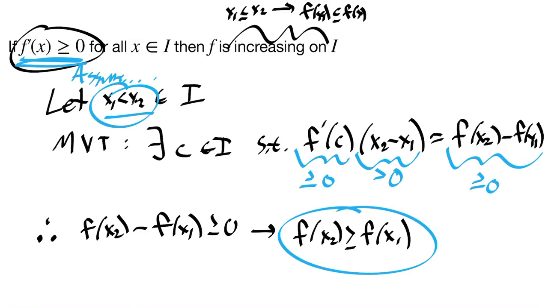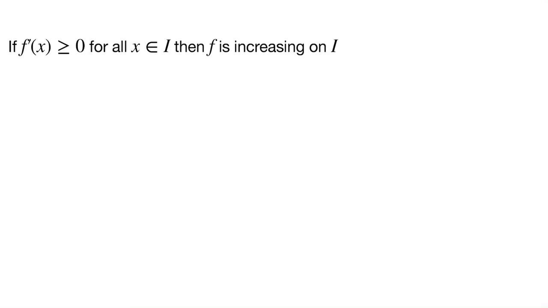An interesting result here is, what if the derivative is equal to 0 for all points? What if we had f prime of x equal to 0 for all points? Well, then f is a function that is both increasing and decreasing on your interval. It's increasing because the greater than or equal to 0 proof shows that it's increasing.